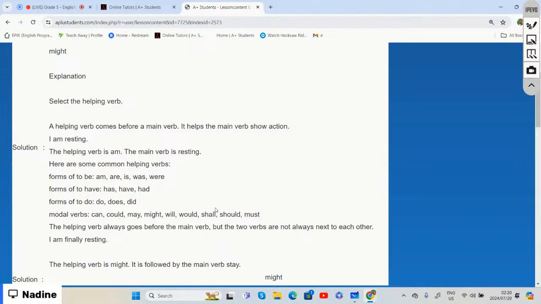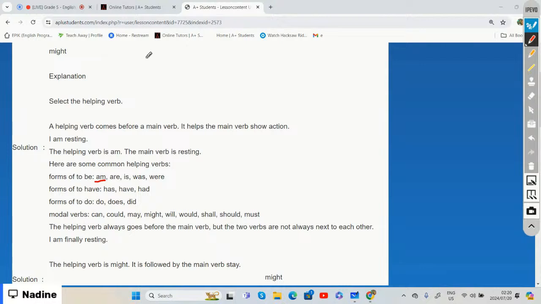All right. And we see that when we use our helping verbs, right? Let's say we are using a helping verb and trying to make a sentence. Let's say the word am. So then we will say, I am, for example, 10 years old.